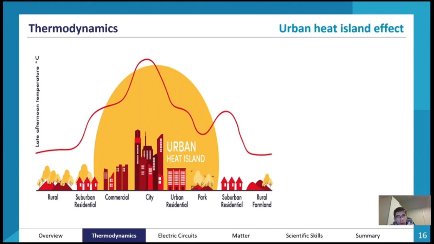And we've seen this issue rise so much that there's something referred to as the urban heat island effect, where the center of the city, the CBD, starts to heat up more. And it will be hotter in the CBD than in the surrounding suburbs.